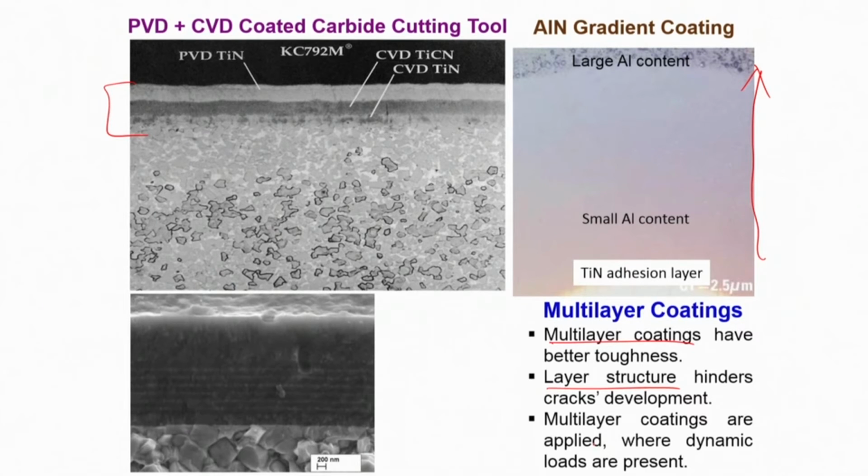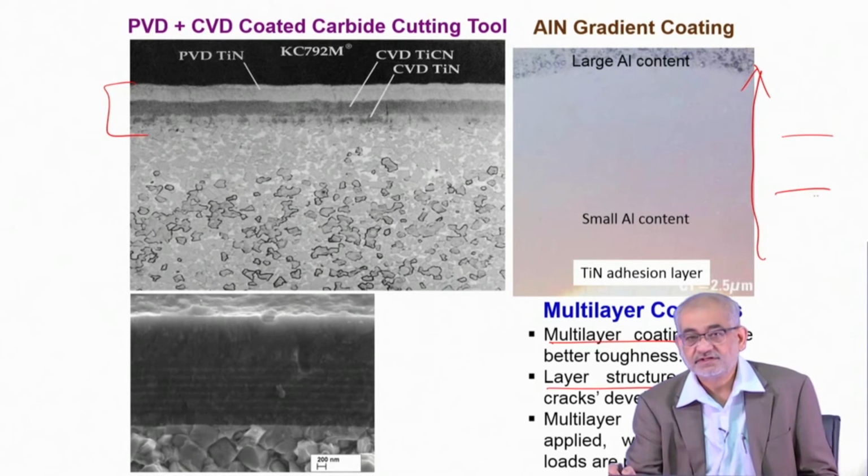And these kinds of layered structures are very important, because if you make a very thick coating of a particular very high modulus material, then there is a greater possibility of spallation or decohesion, because at the interface the mismatch is very large.